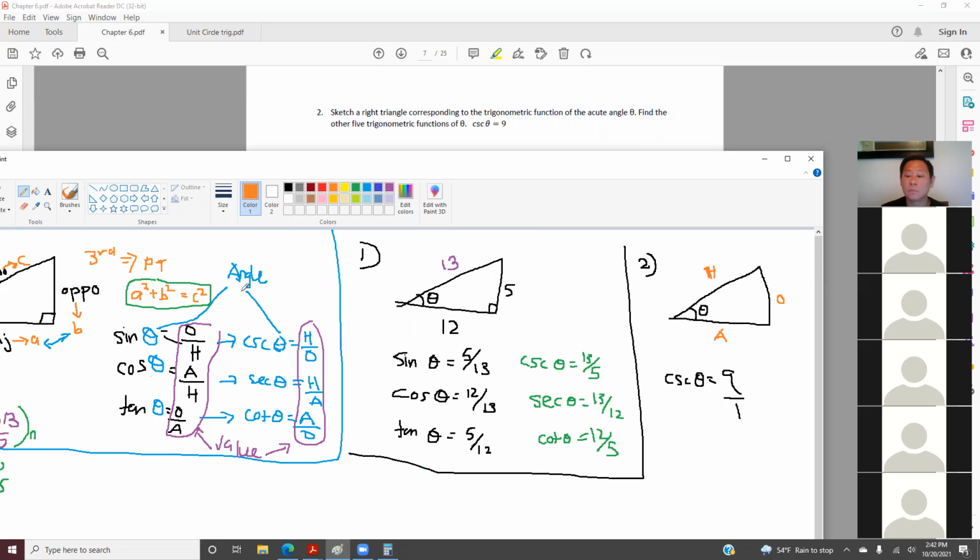Hypotenuse over opposite. So cosecant theta is your hypotenuse over your opposite. So that means that this is going to be 9 and this is going to be 1. So adjacent is the one you need to find.